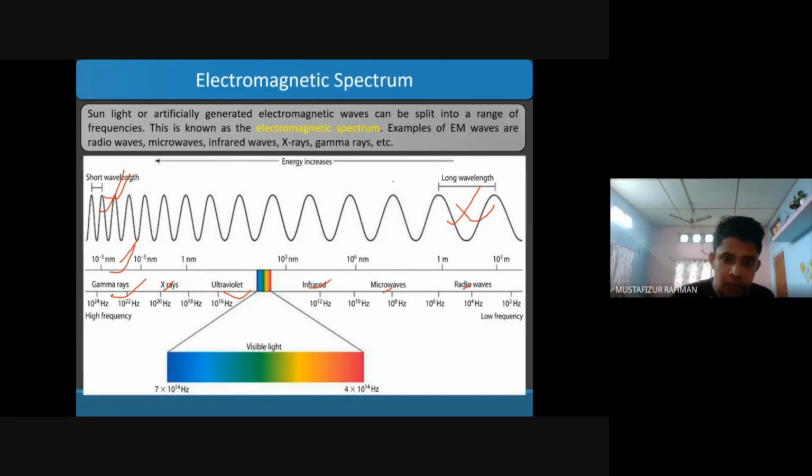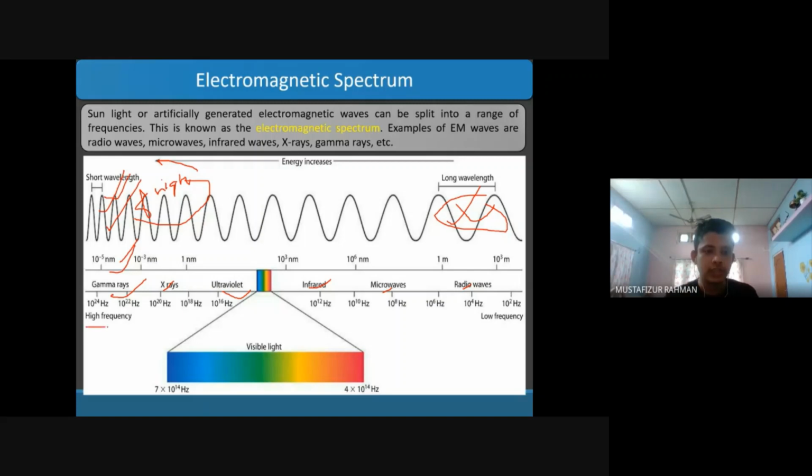The number of waves completed in a second is the frequency of that wave. So in this region, frequency will be higher, and in this region, frequency will be lower. Whenever the wavelength is smaller, frequency is higher. Whenever the wavelength is longer, frequency is lower.